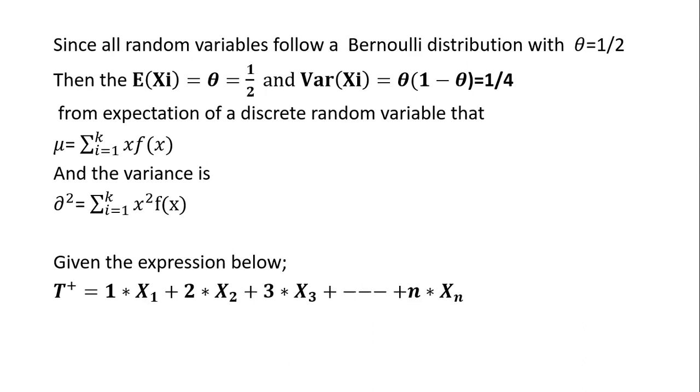The expression for T plus is the first rank times its corresponding random variable, up to the nth rank times its corresponding random variable. To prove this, we introduce the expectation on both sides of the expression.